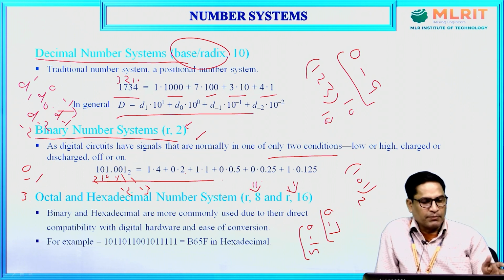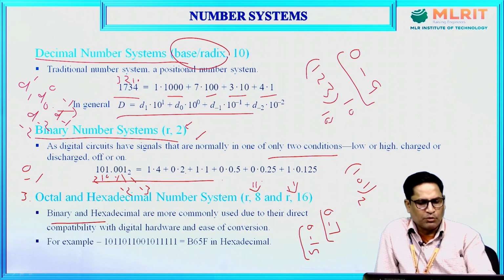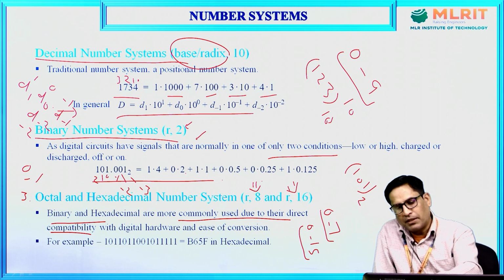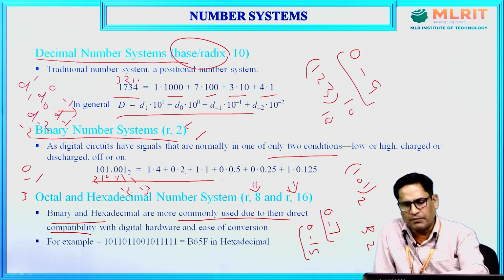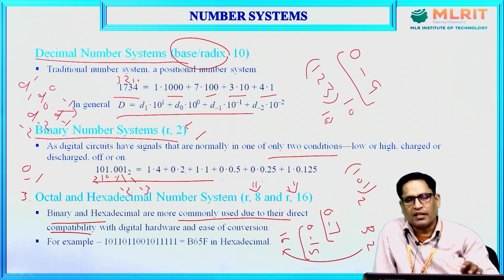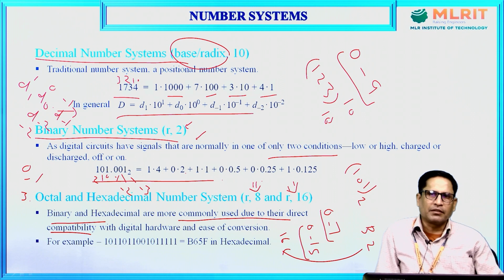Binary and hexadecimal numbers are more commonly used due to their direct compatibility. Direct compatibility means binary, which we discussed earlier, has a base of 2, and hexadecimal has a base of 16. So 2 power 4 is 16, and that's why there is direct compatibility between the two.